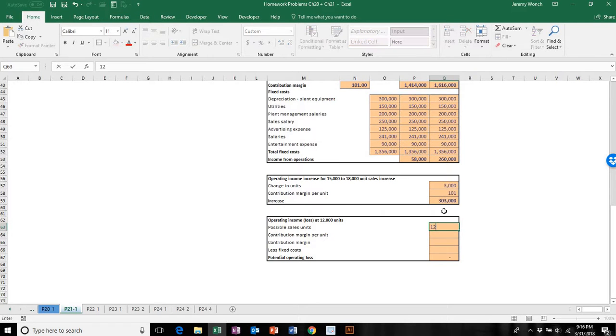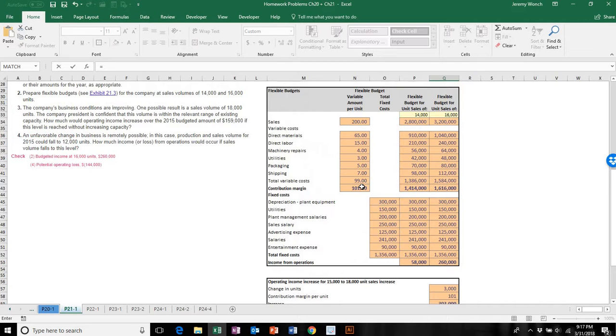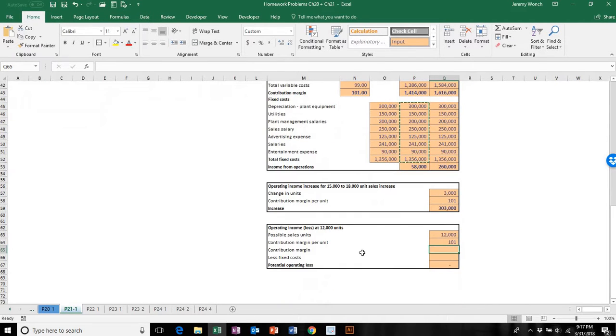So if we want to look at that, we're going to say, hey, what if we only do 12,000 units? If we multiply that times our contribution margin of 101, that will give us a total contribution margin of 1.212.